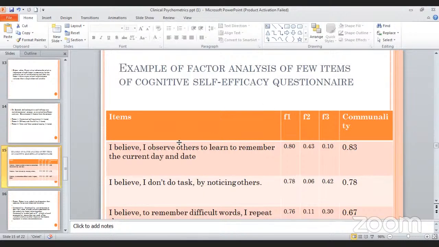These are the items and those are the factor loadings: for factor 1 it is 0.80, factor 2 is 0.43, factor 3 is 0.10. It indicates the variance explained by the variable on that particular factor. For this item, 0.80 unit of variance can be explained for factor 1.